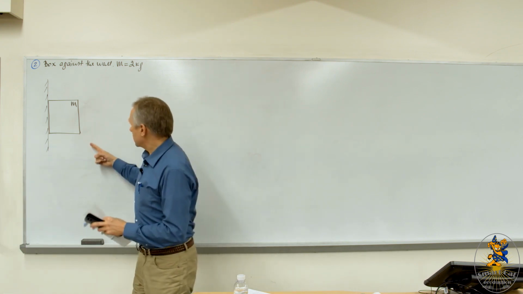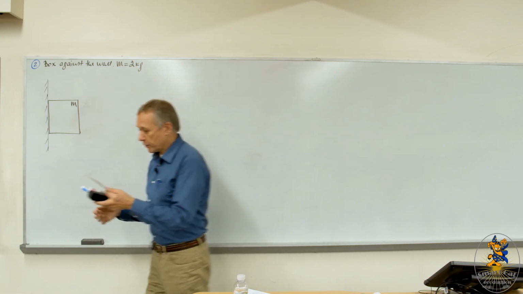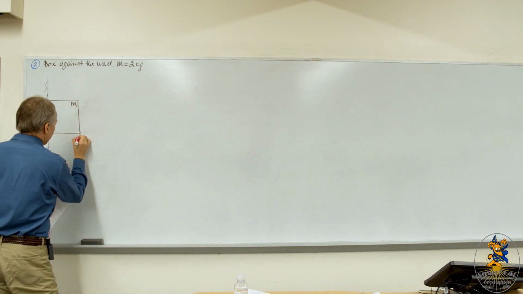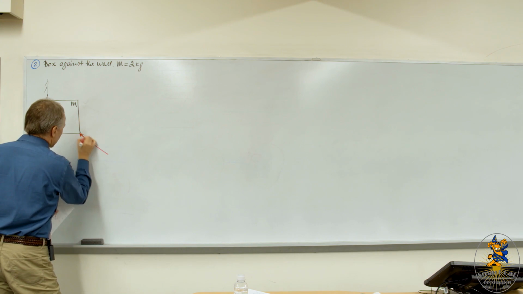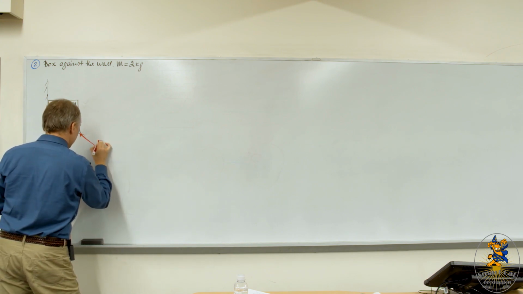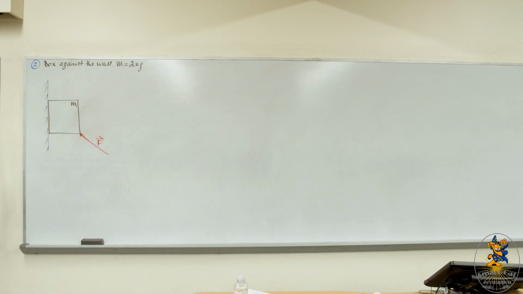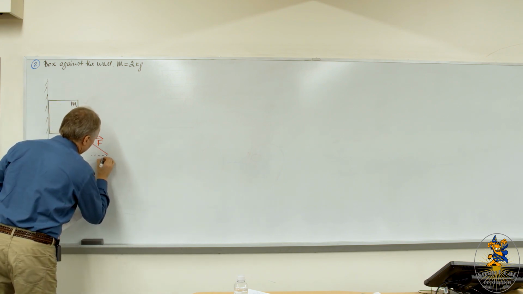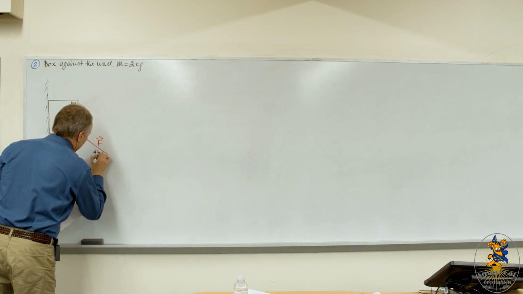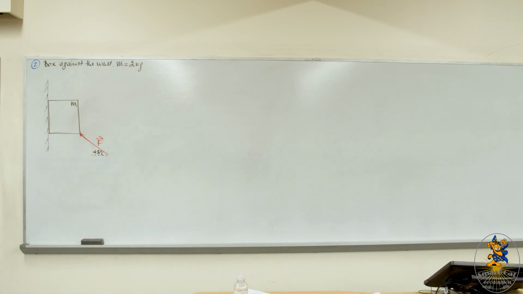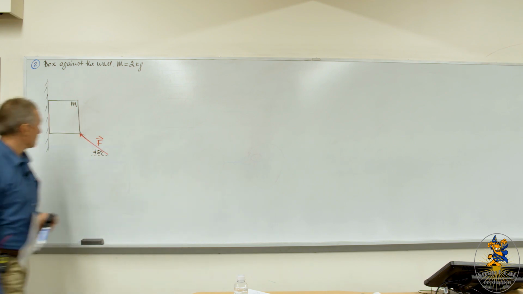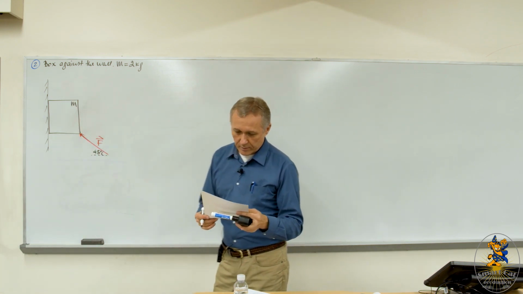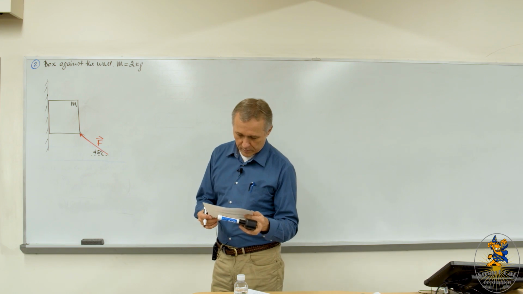You apply it with your hand, with your finger. And that force is at 45 degrees. So this is the force F, and as I said just now, this angle is 45 degrees. Okay, in terms of numbers, I think that's it. Nothing else.